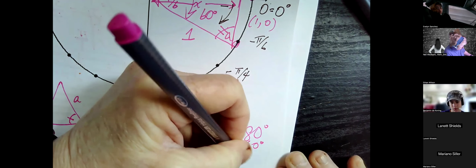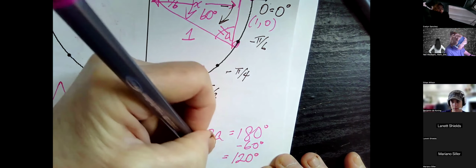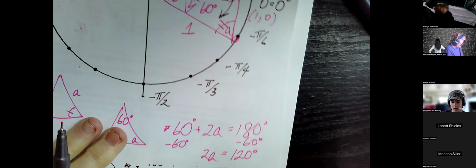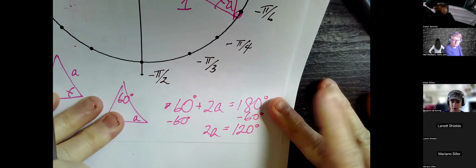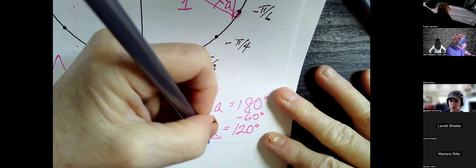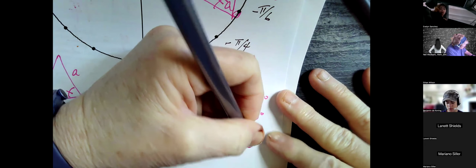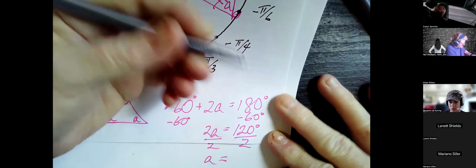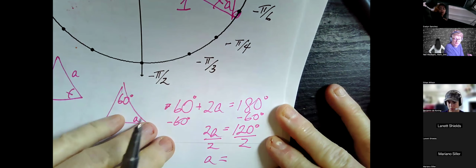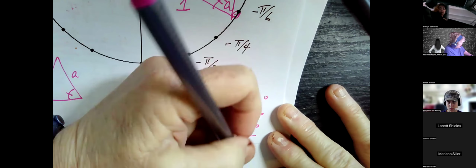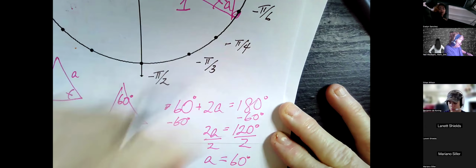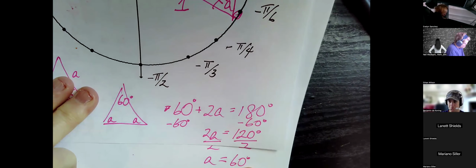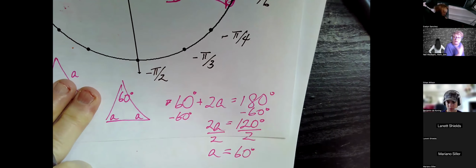So that's 120. And then just dividing both sides by 2. That's not only how you think of it, that's the correct way. So I hope that's how everybody thinks of it. So we get that A is 60 also.